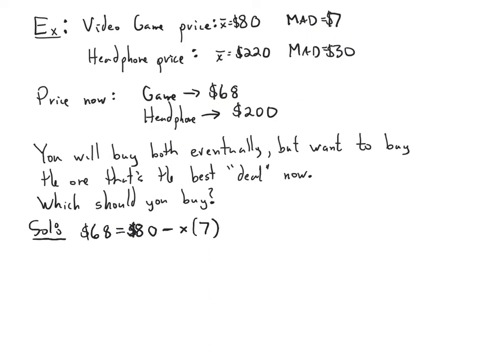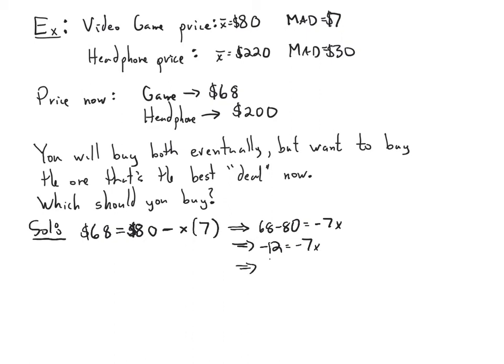So let's solve for x. We subtract 80 from both sides. We get 68 minus 80 equals negative 7x. So negative 12 equals negative 7x.